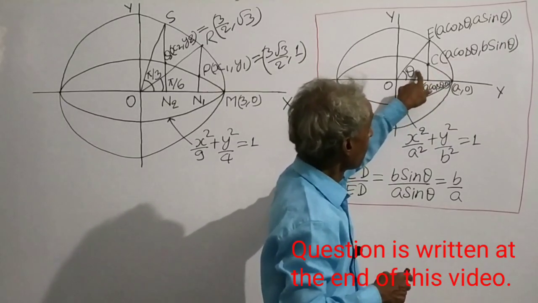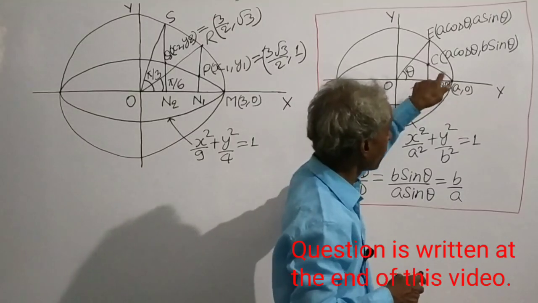Eccentric angle of this point on the ellipse.